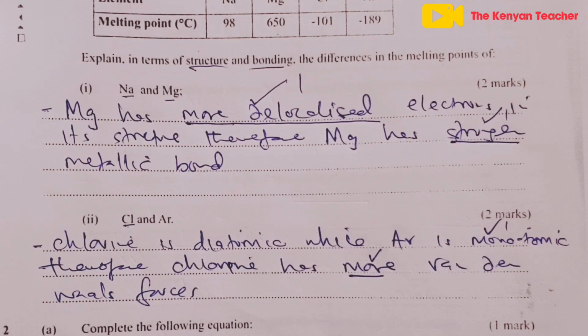Remember, all van der Waals forces are weak. There is none which is stronger. So we've been using this term stronger van der Waals forces even in class, but get to know it is chemically incorrect.